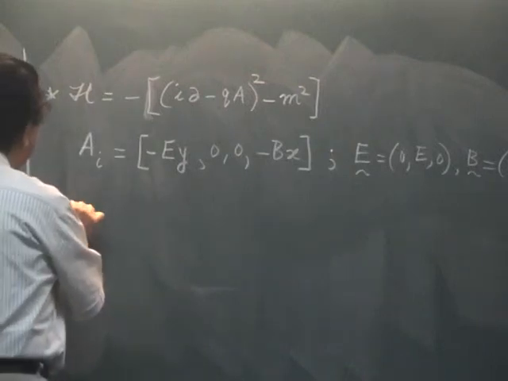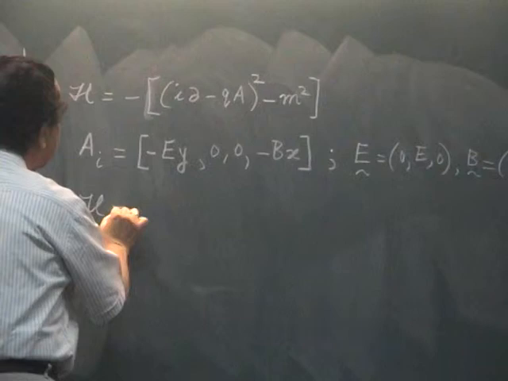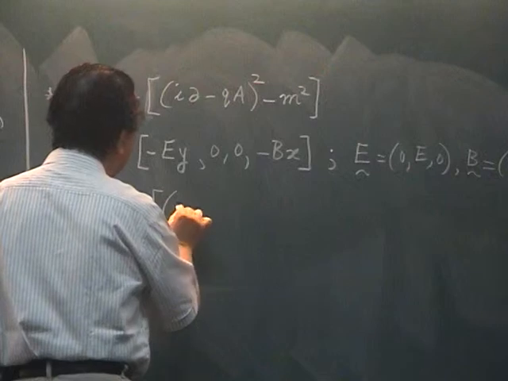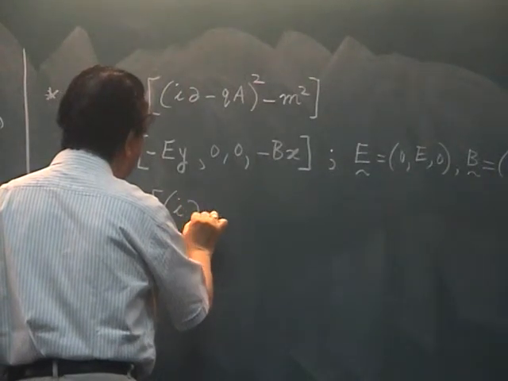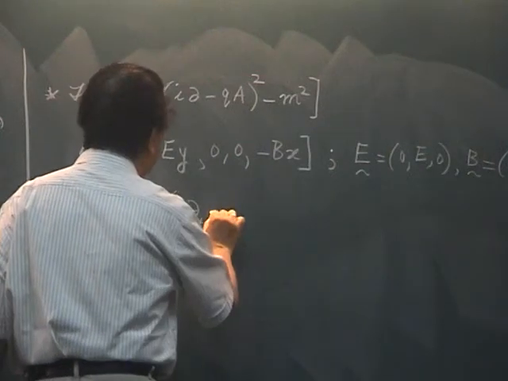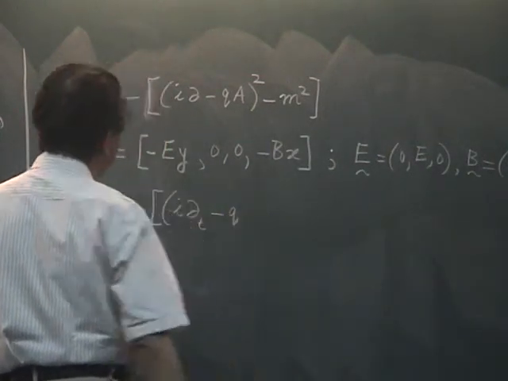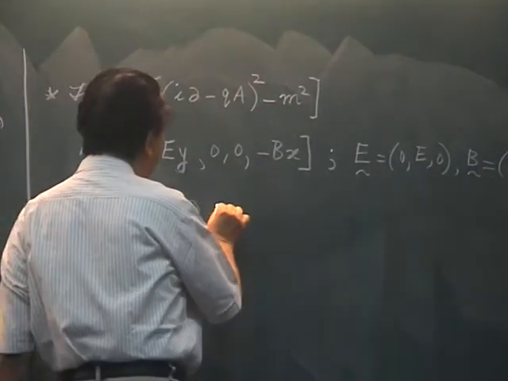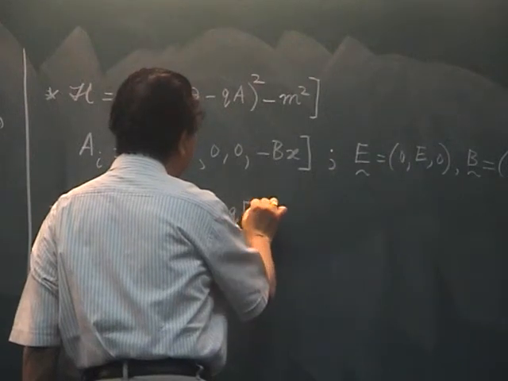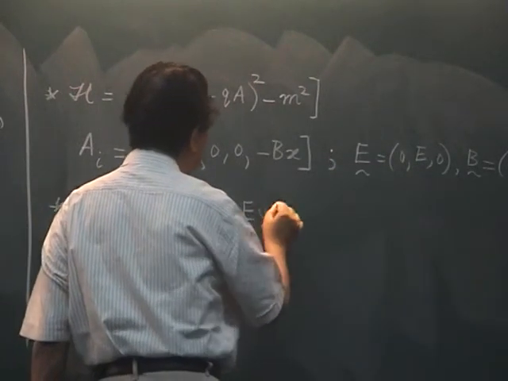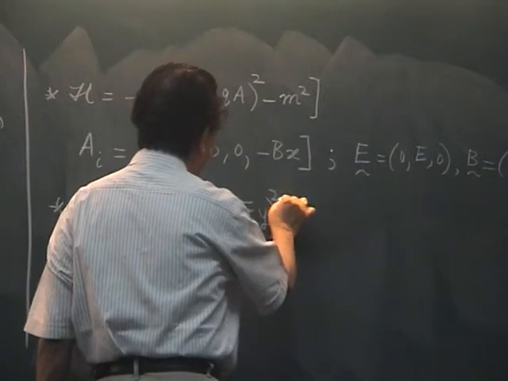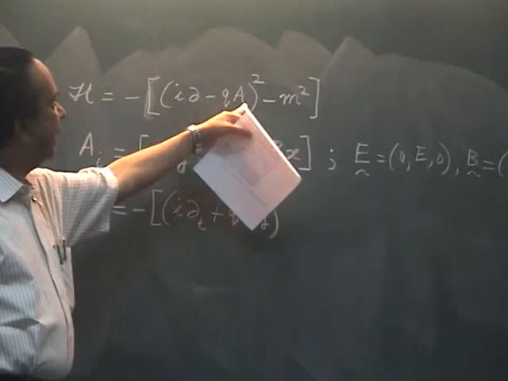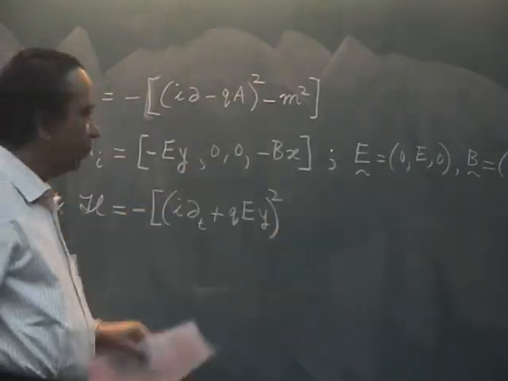So the H will be equal to, let us see, minus, first we start with i d by dt, that I will call dt, minus q times the time component of this, which is E y, so that is q E y, the whole square. Then let us look at the x component of that. So when I take x here, I need A_x, but A_x is 0, so that is easy.